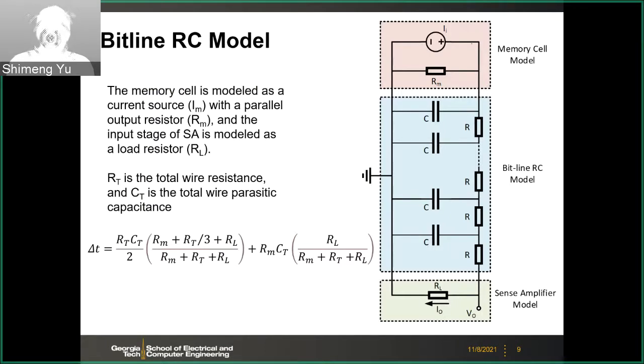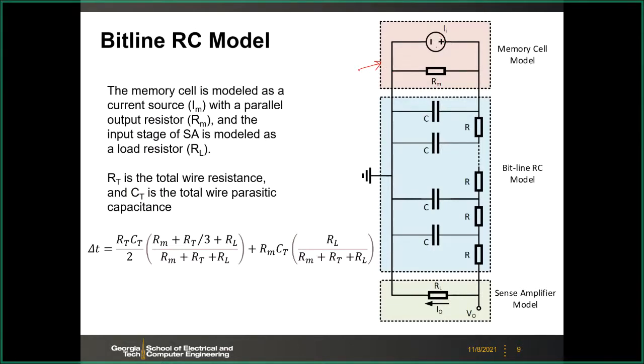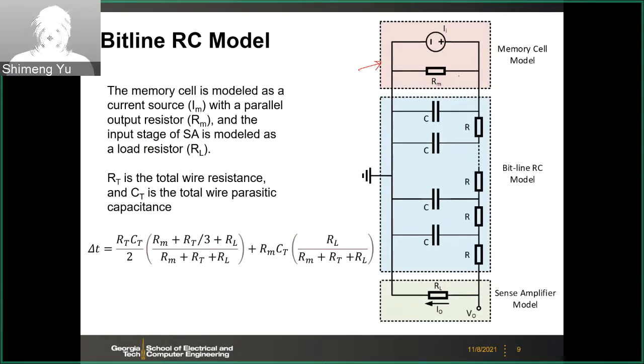The memory cell will have some cell current, and also some resistance from the outside. If you look into the memory cell, it's like a Thevenin or Norton equivalent circuit, if you recall your undergrad circuit theory. So looking into the memory cell, you will have some output current, I, and some output impedance, in this case a resistance, Rm.